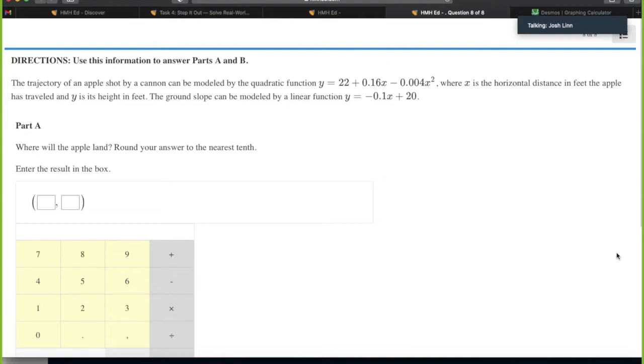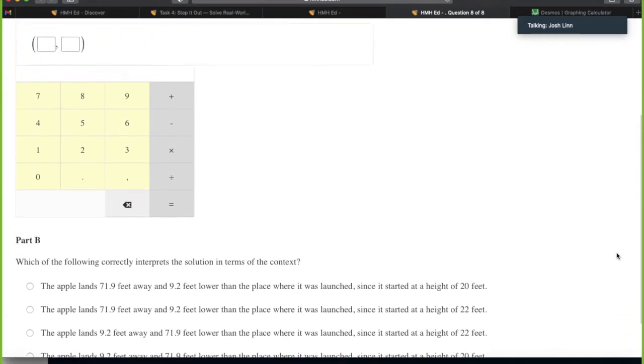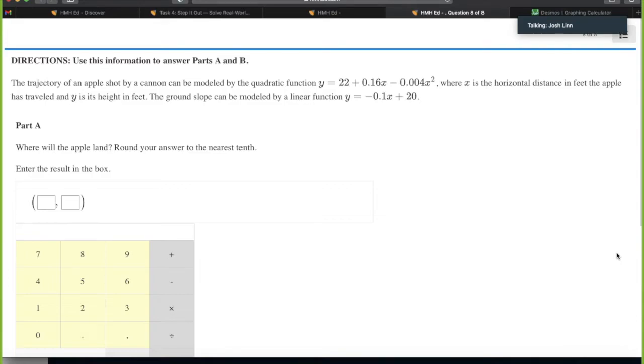So what is this? Last but not least? Yes, last but not least. So the trajectory of an apple shot out by a cannon can be modeled by the quadratic formula blah, where x is the horizontal distance in feet an apple has traveled and y is the height in feet. The ground slope can be modeled by a linear function blah.